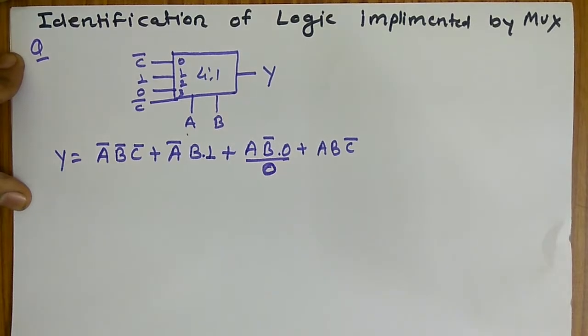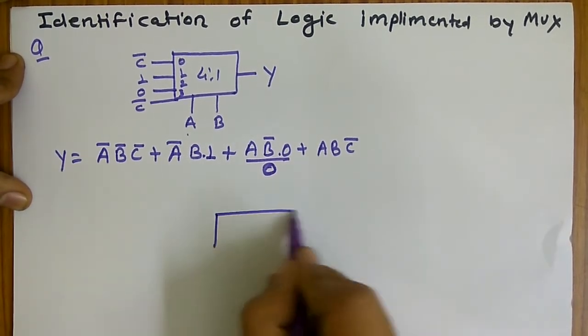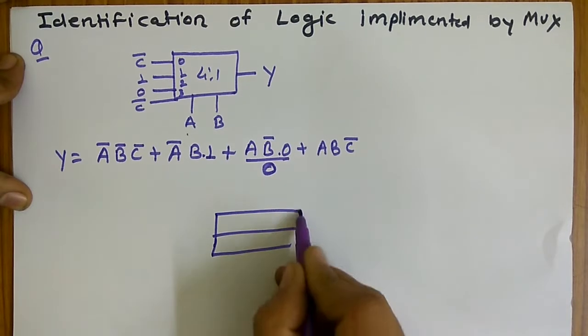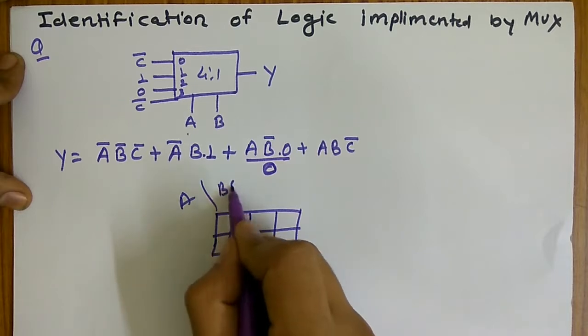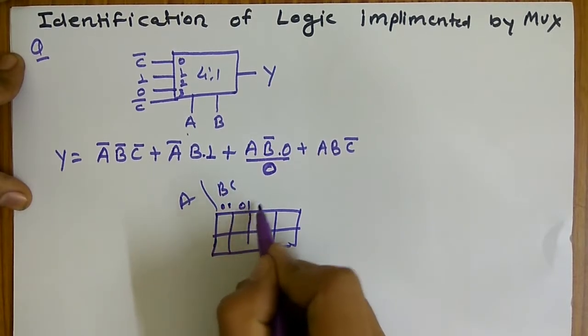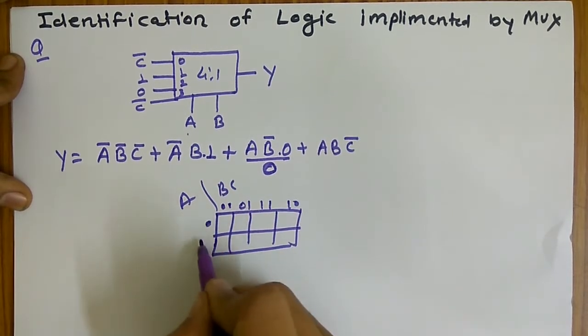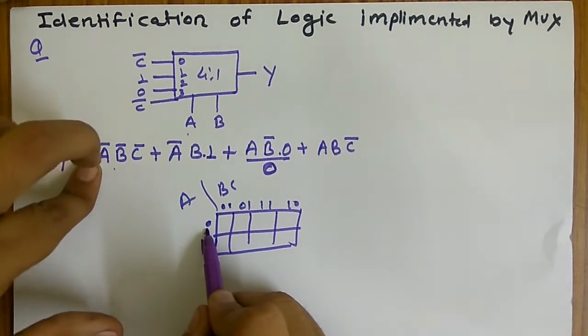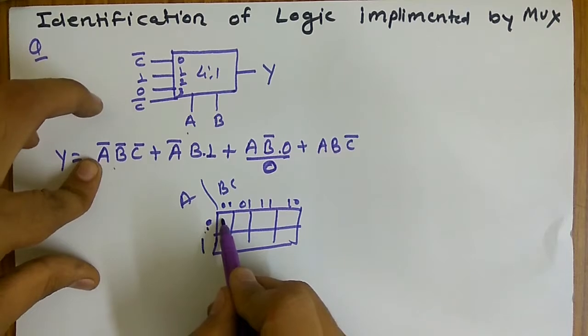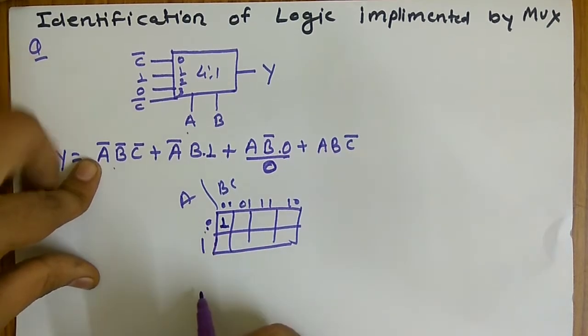So I'm minimizing using kmap. Like this is the kmap, with a, b, c and 0 0 0 1 1 1 1 0 0 1. So you have to write a bar, so a bar is 0, and b bar c bar, so the minterm is this one.